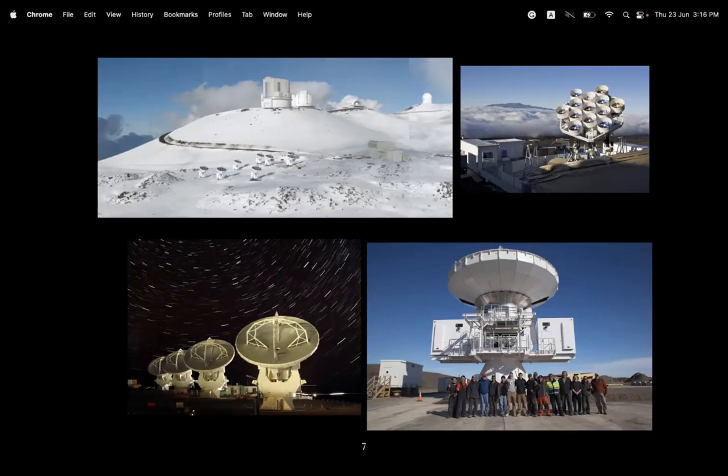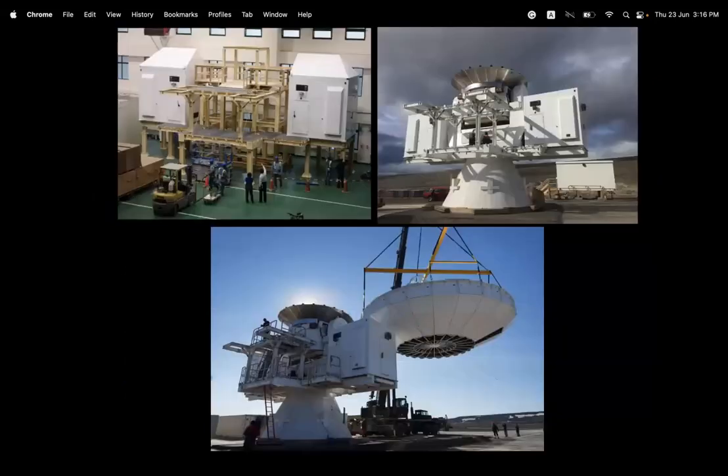Even when we built this, doing all the retrofitting and moving from Sapporo all the way to Thule, it was still very difficult. But the entire team is the same team from the SMA all the way to ALMA to Greenland. We have a very good industrial partner. For example, the Greenland Telescope antenna is made by Vertex, a German company.